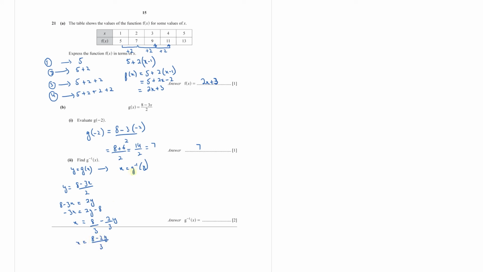Since we know x is g inverse of y, we can substitute g inverse of y equals 8 minus 2y by 3.